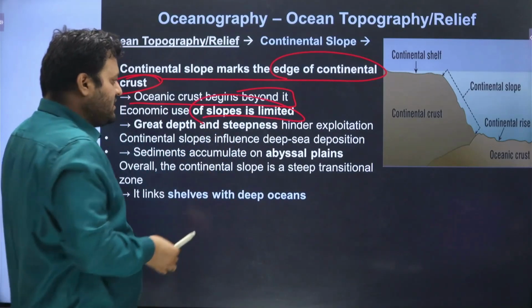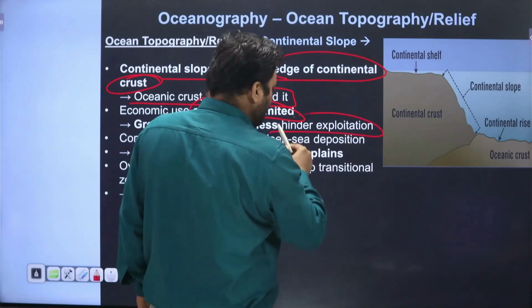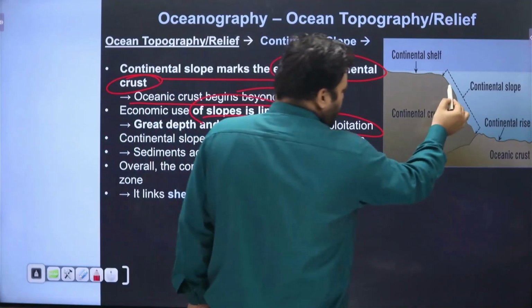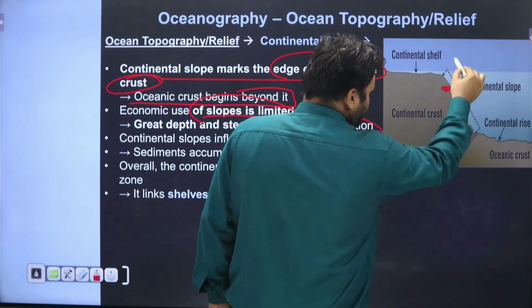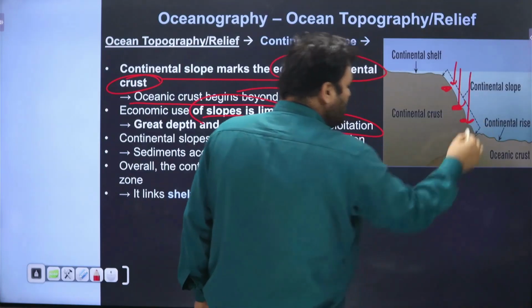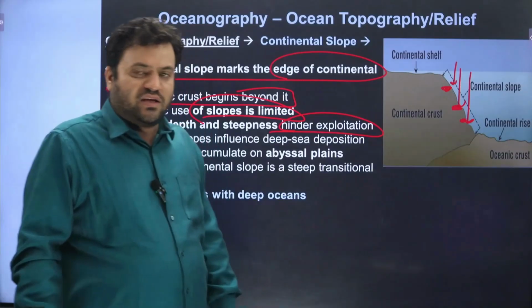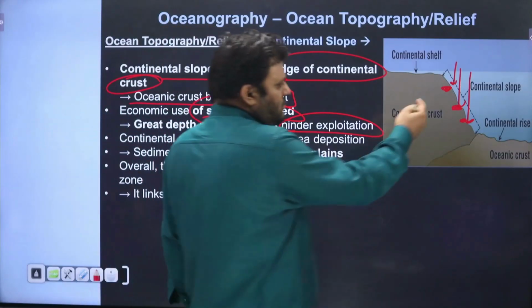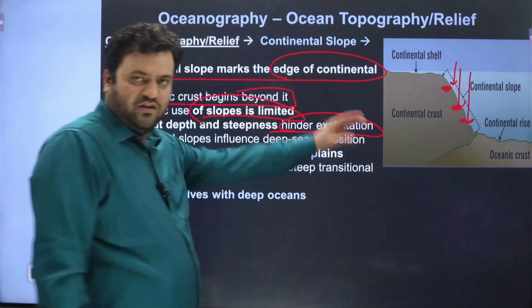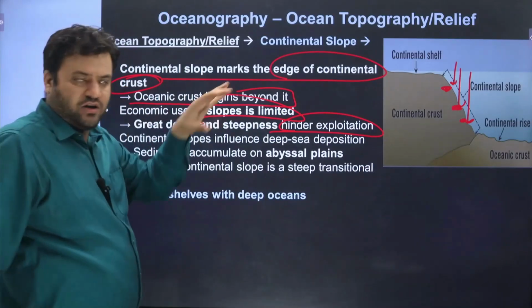At great depth you may find some minerals, but because of the depth there is a challenge of how you are going to extract them, because with present technology you cannot extract minerals from these steeper slopes where you have water as well.